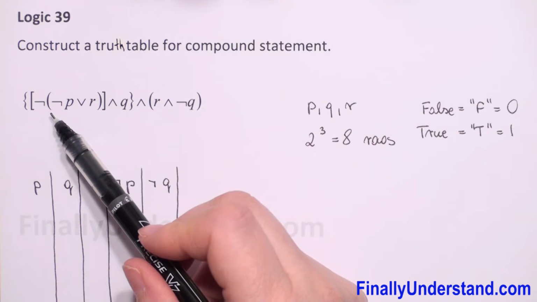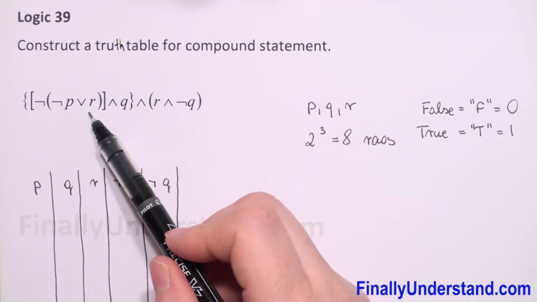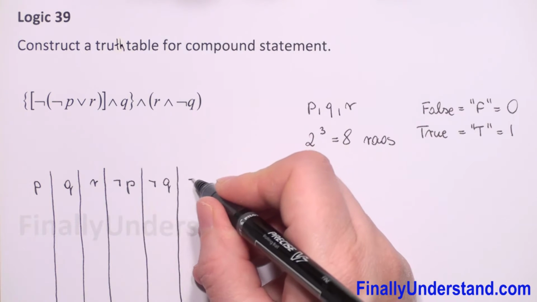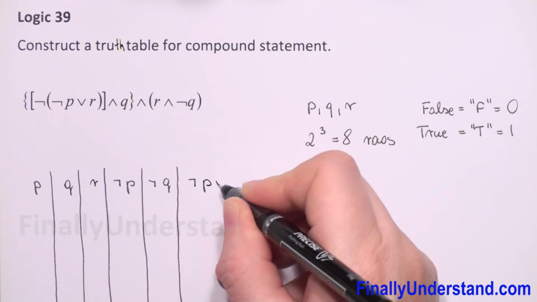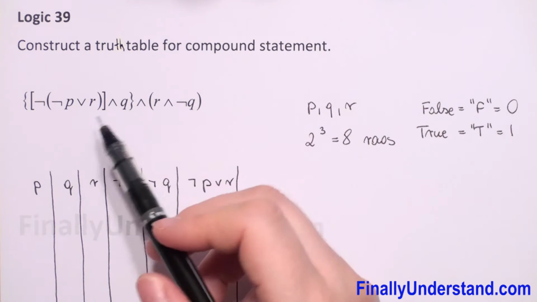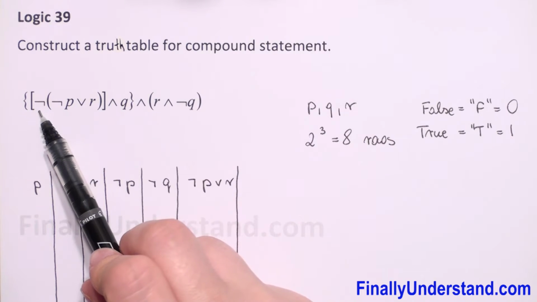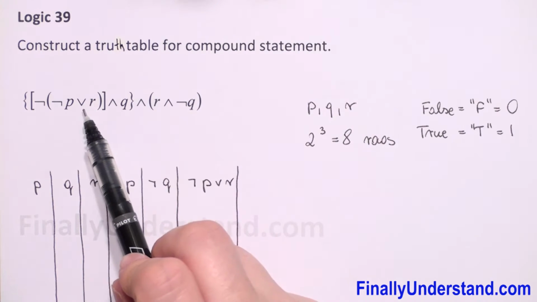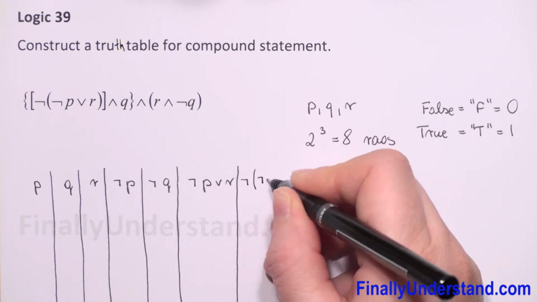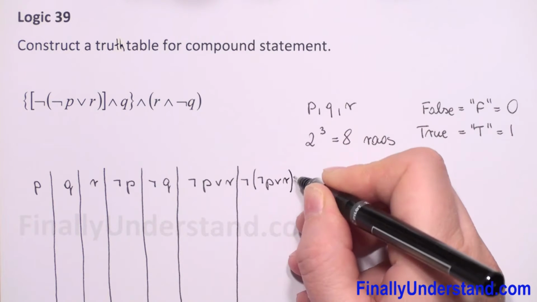We have the statement in parentheses, not P or R, so let's put this, not P or R. Next we have negation of not P or R.